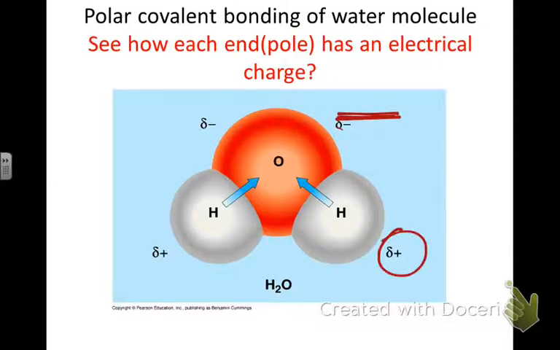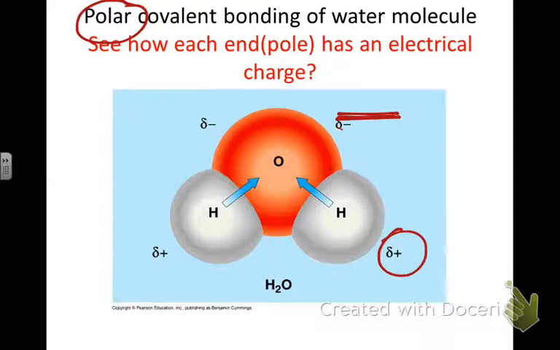The word polar means it has two different charges, a negative charge and a positive charge. So it says oxygen is slightly negative, because it has more electrons than protons. And hydrogen is slightly positive because it has more protons than electrons.